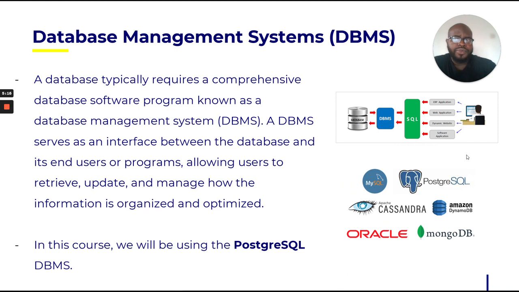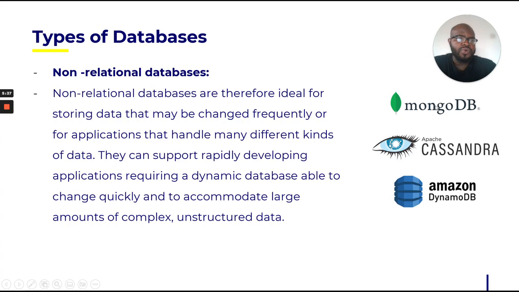We have PostgreSQL, which is what we'll be focusing on for this whole program. We have Oracle as well. Now, we have some DBMSs for non-relational database. An example is MongoDB, like I mentioned earlier. We have Cassandra, we have Amazon DynamoDB. Those are examples of DBMSs for non-relational database.